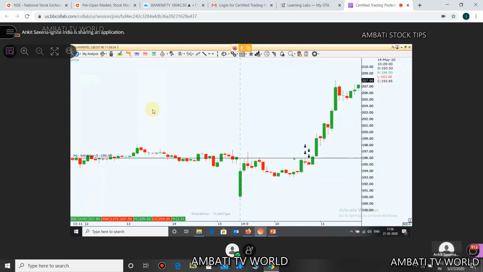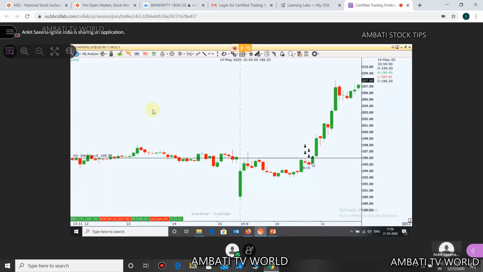Consolidation and accumulation are the base candles. In these two candles, the number of buyers is equal to the number of sellers, right?